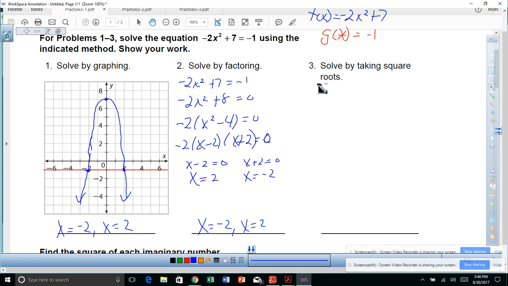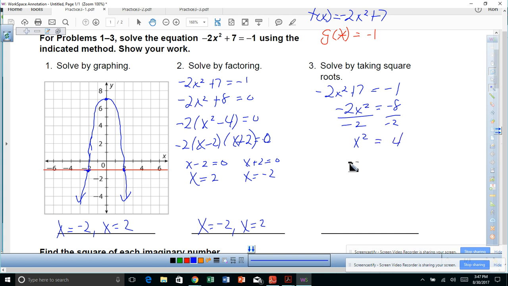Solve by taking the square roots. So if we have negative 2x squared plus 7 equals negative 1, we're going to subtract 7 from both sides, and we get negative 2x squared equals negative 8. We'll divide both sides by negative 2. We got x squared equals 4.